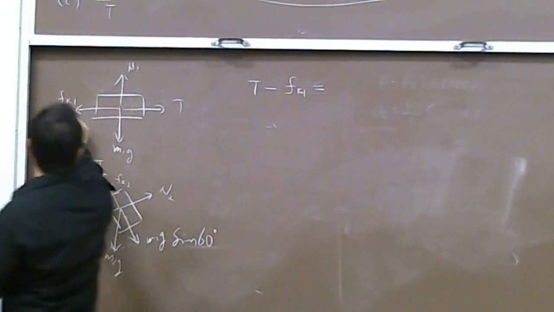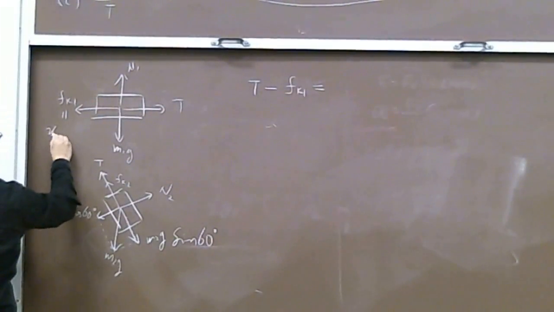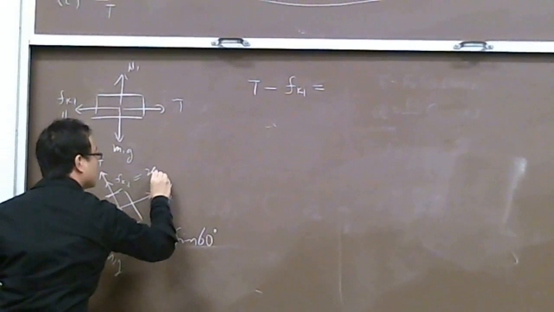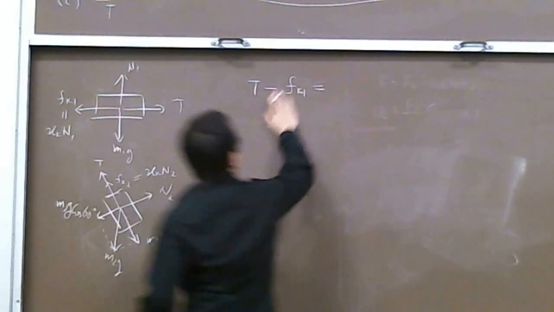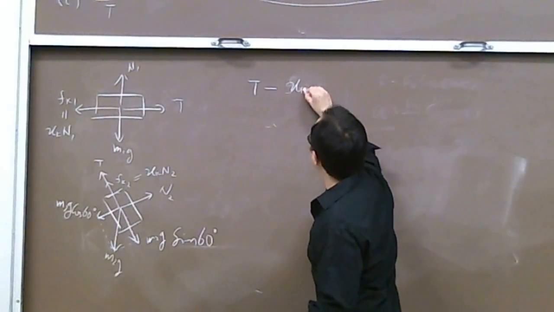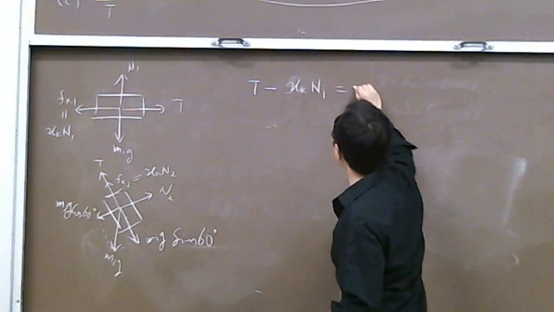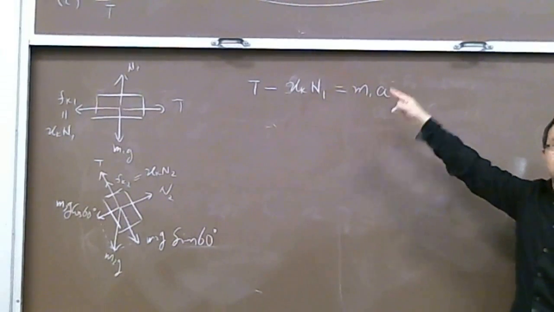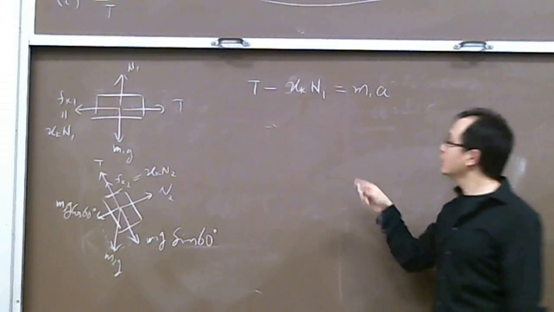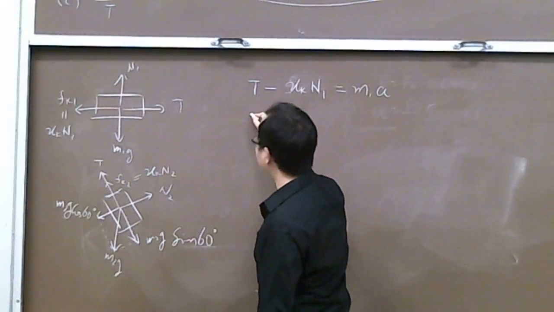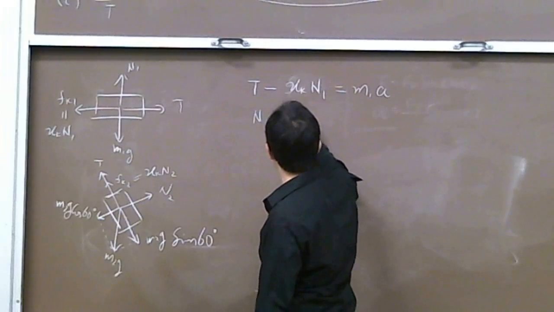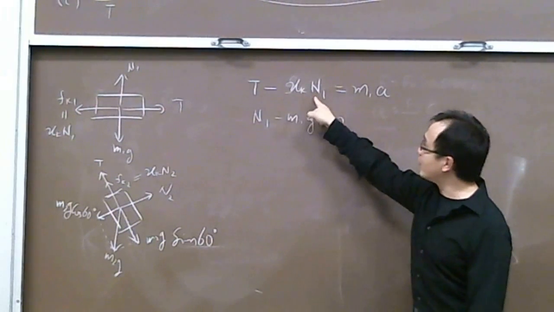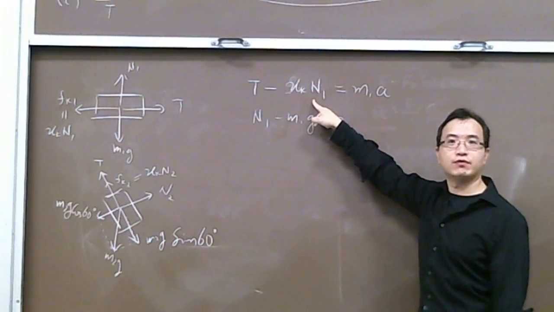By the way, FK1 equals mu K N1, and FK2 equals mu K N2. Here I already identified this acceleration as the system acceleration. The second equation will be N1 minus M1G equals 0. This equation gives you N1, so you can put it in to calculate the frictional force.